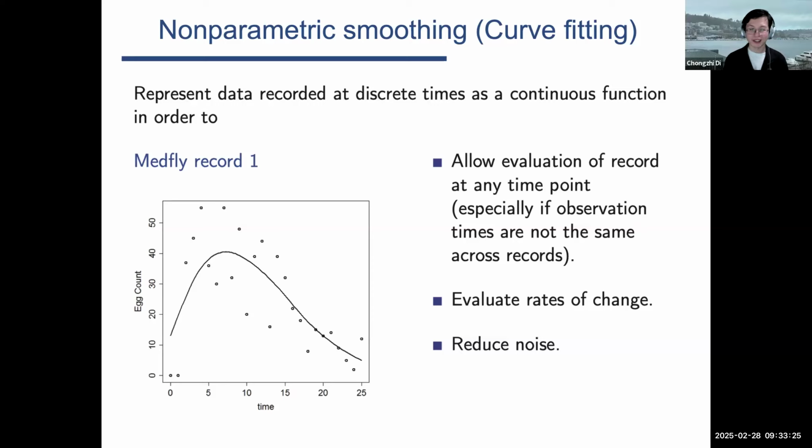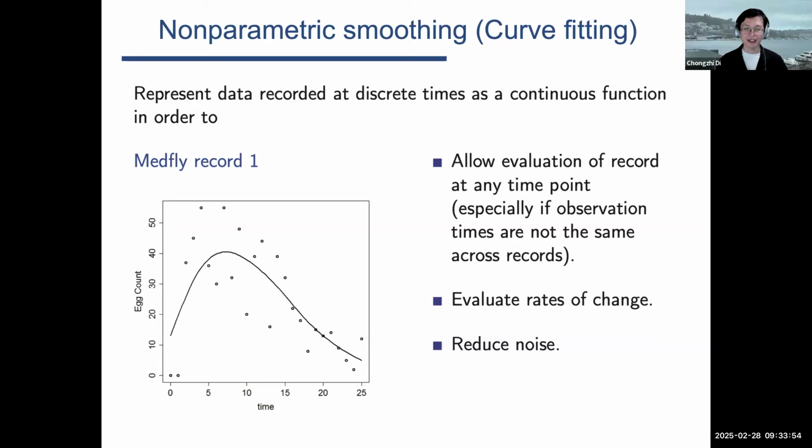You can just connect all the dots, but as we know, this data is typically very noisy. If you connect the dots, it's very wiggly and contaminated by noise. So we generally think a smoother shape reflects the signal much more accurately.